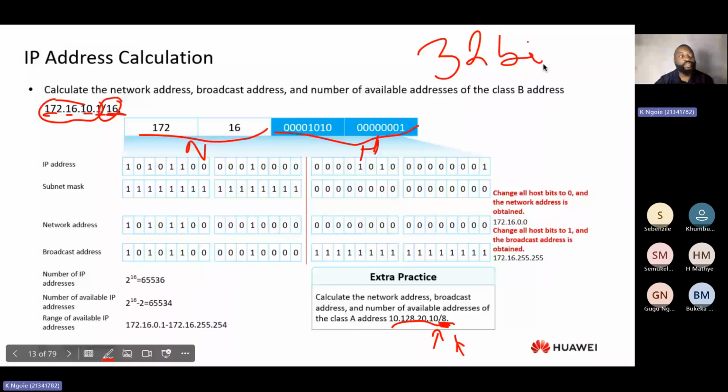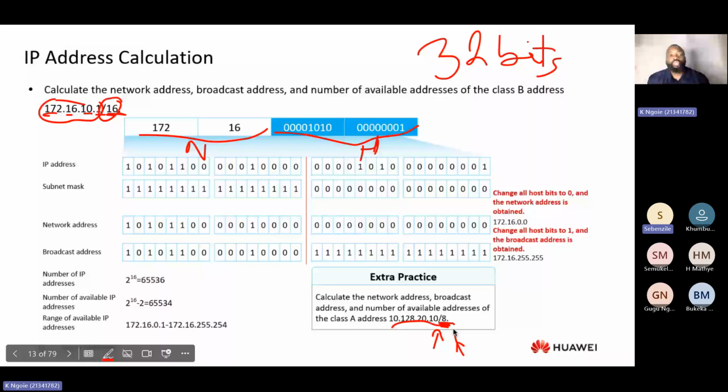Because the network is already using 16, 32 minus 16 is 16. So that's why the host is going to occupy the rest of the 16. In this case, the network is using 8, which means the host will have 24, because 8 plus 24 gives us 32. Is it clear now?